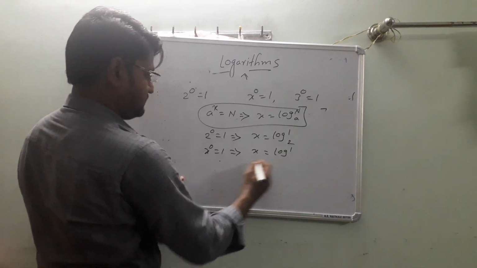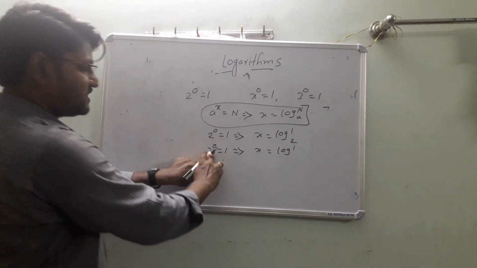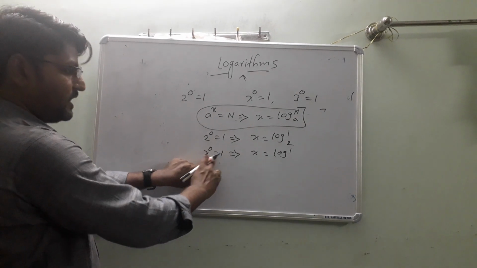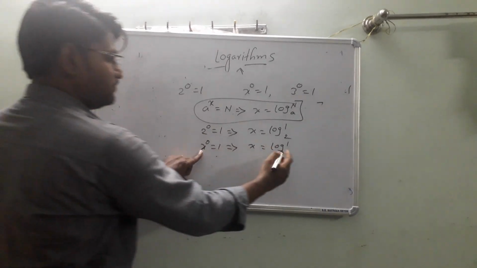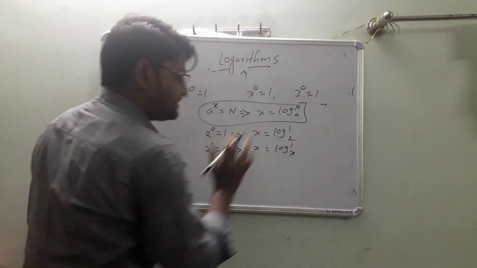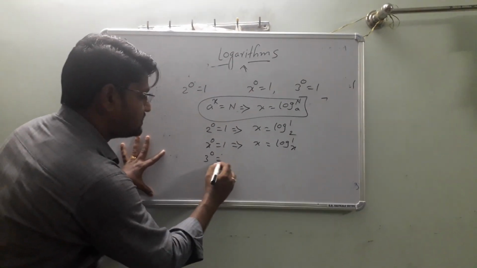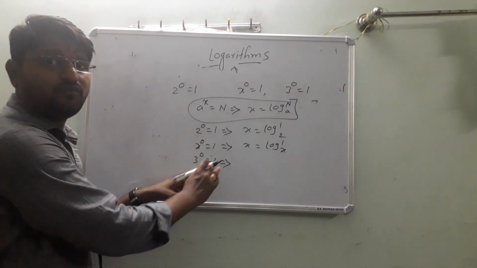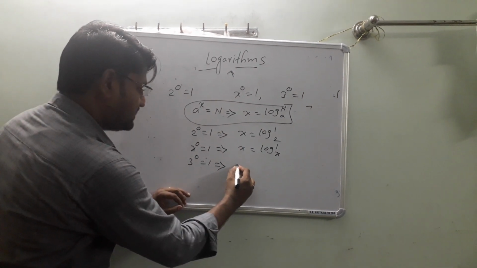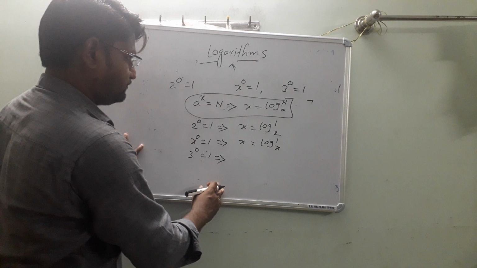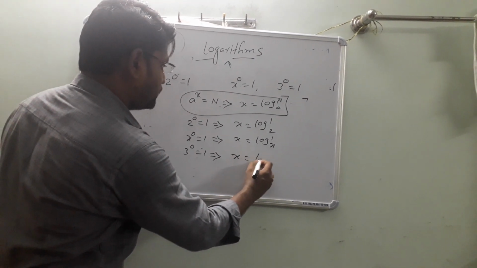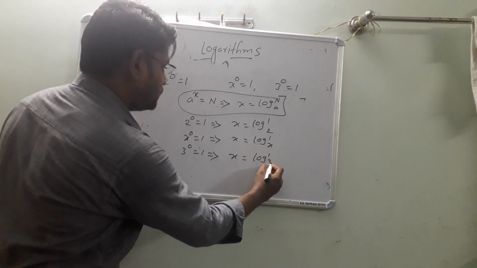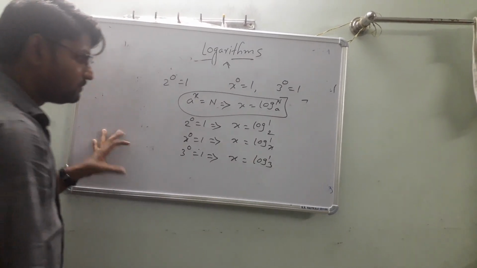What is the base? Compare this, x power 0 is equal to 1, right? What is the a value here? X. So log 1 to the base x. And 3 power 0 is equal to 1. This exponential form is converted into logarithmic form. Again x is equal to log 1 to the base 3.